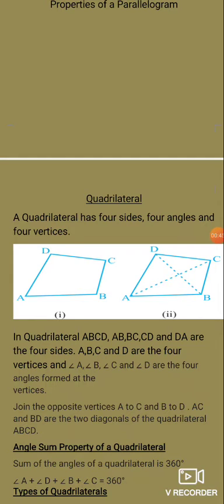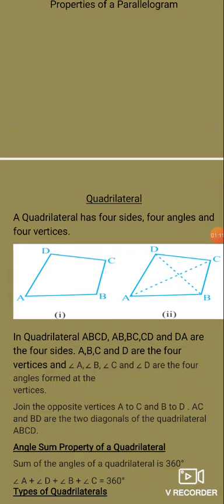In quadrilateral ABCD, AB, BC, CD and DA are the 4 sides. A, B, C and D are the 4 vertices, and angle A, angle B, angle C and angle D are the 4 angles formed at the vertices.